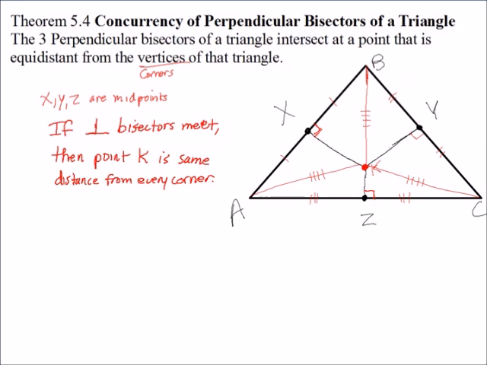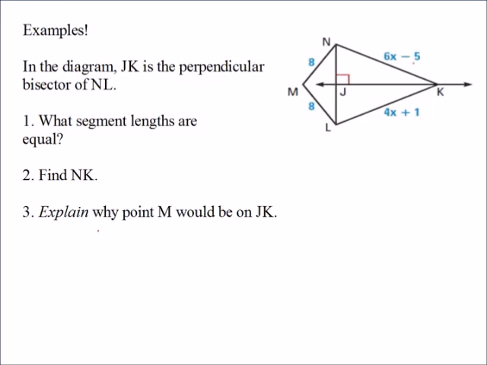Next slide. Let's get some examples going. First and foremost, I'm telling you that line JK is the perpendicular bisector of segment NL. Let's do some examples real quick, shall we?